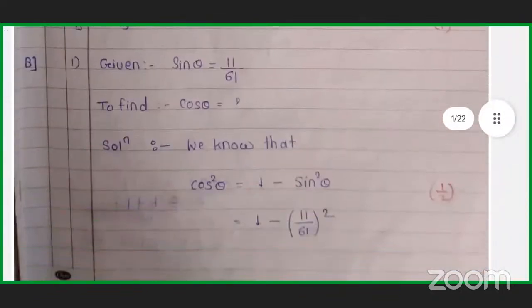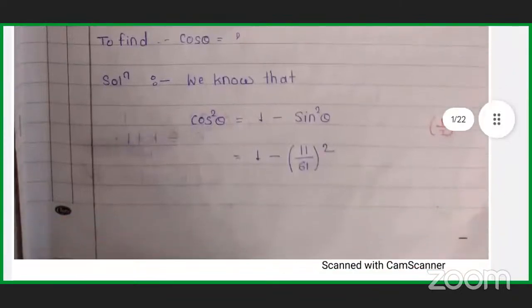So here we have to put the value of sine square theta. So 1 minus sine square theta is 1 minus (11 upon 61) whole square, correct?